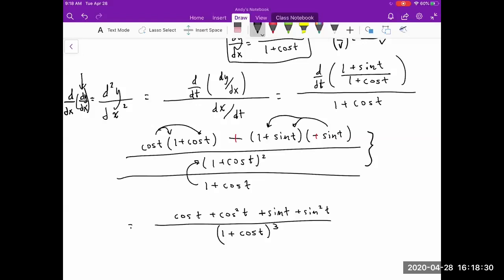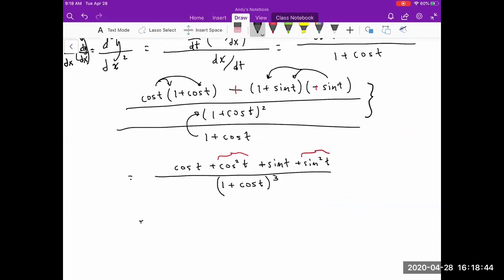And then can we simplify cosine t plus sine t to be equal to 1? Well, look, cosine squared plus sine squared is just 1. So altogether we have cosine t plus sine of t plus 1 all over 1 plus cosine of t cubed. Now, the top does have a 1 plus cosine, so you could split it up as 1 plus cosine of t over 1 plus cosine of t cubed and then cancel that out.